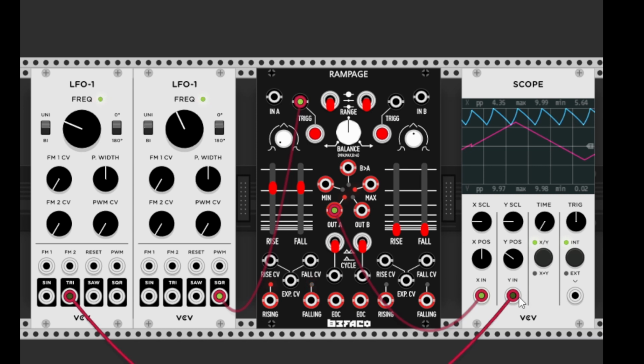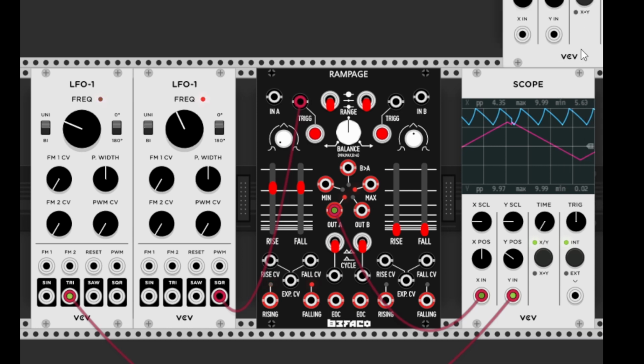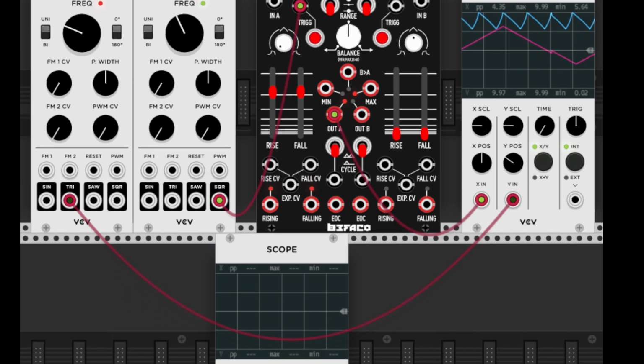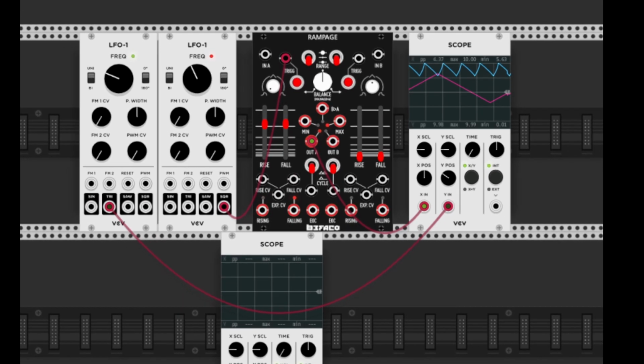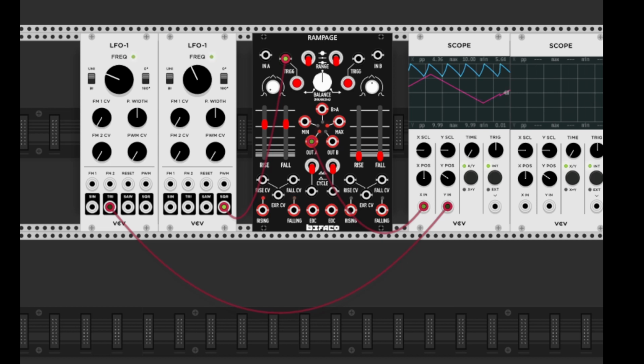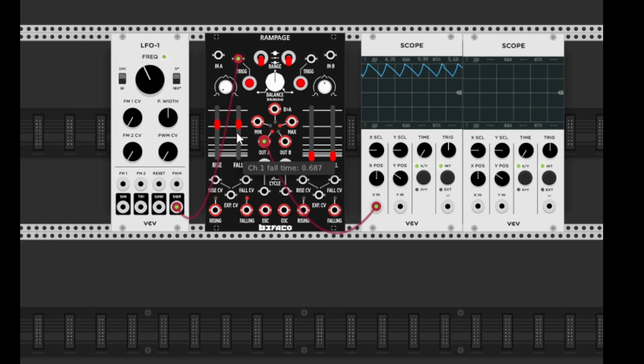Let me introduce a second scope. Duplicate. So, and then I have to zoom out even more. So it's enough. I put it here. What I'm doing now is I adjust different envelope sizes.